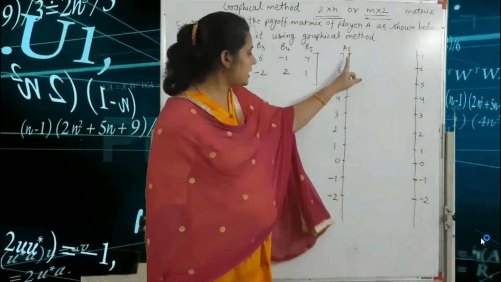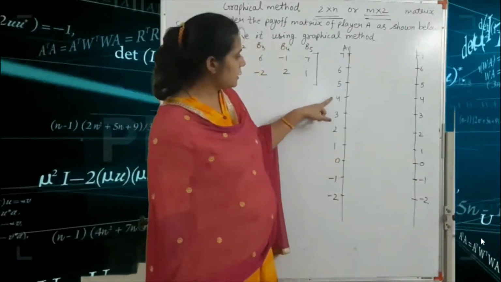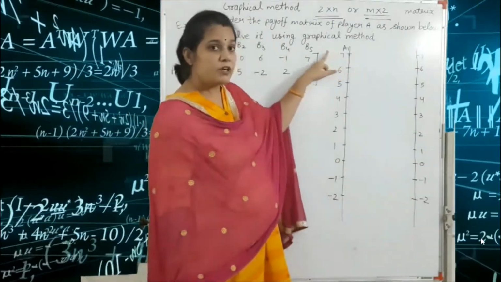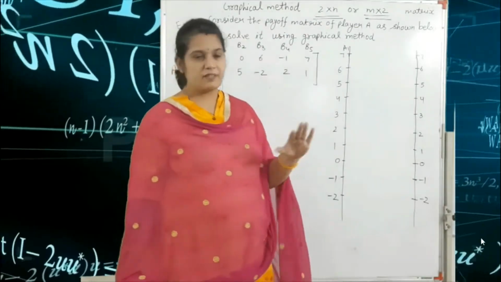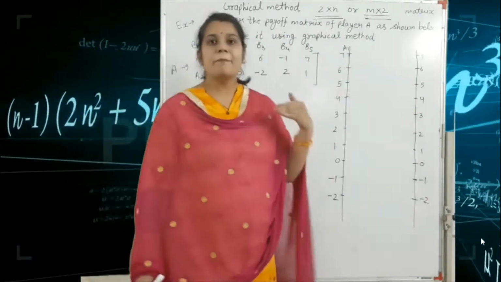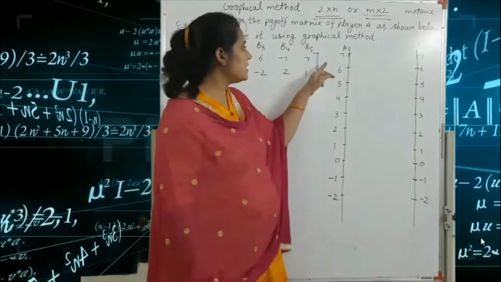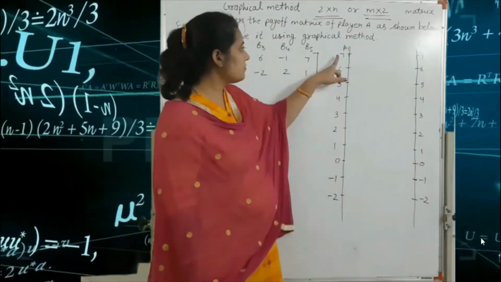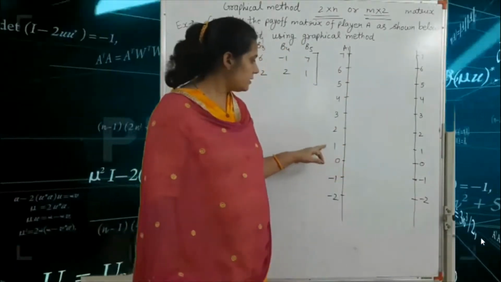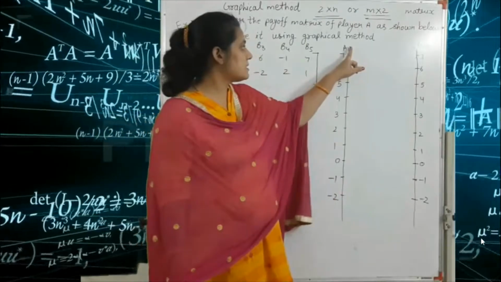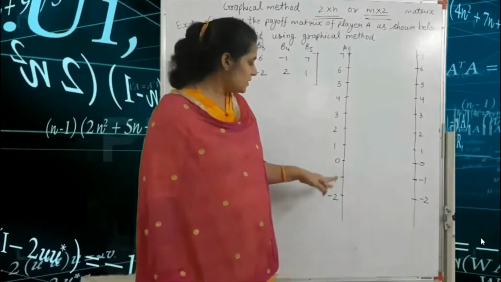We draw two lines with a scale from 0 up to 7, because according to our question the maximum value is +7 and the minimum value is -2. So we mark +7 here and -2 here. On both sides, this is our A1 and this is our A2. This is a very simple trick for the graphical method.